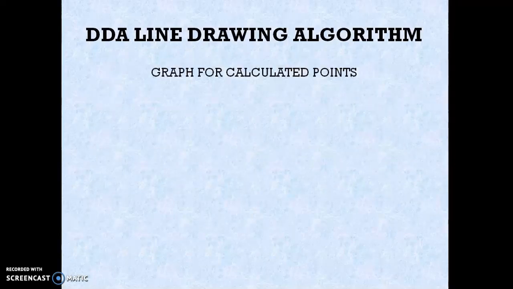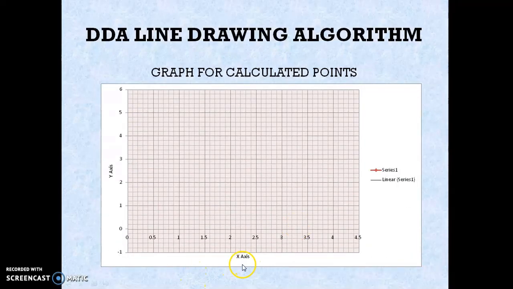Friends, now we are preparing the graph for the calculated points. See here, it is the x-axis and it is the y-axis. The very first point is 0, 0. Another point is 1, 1. Next point is 2, 2.